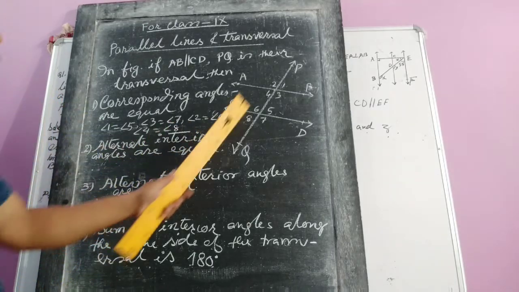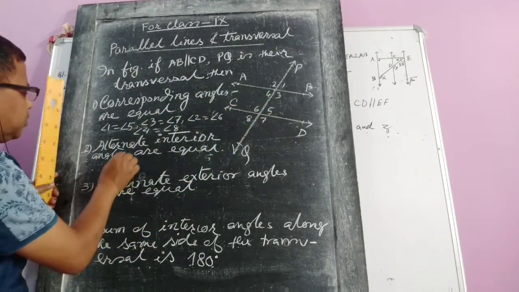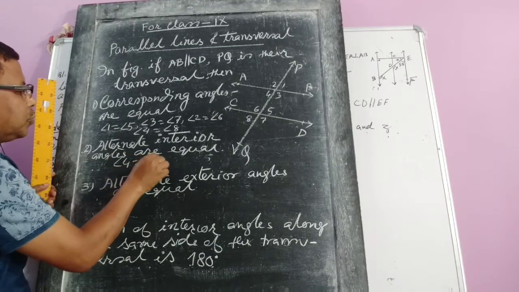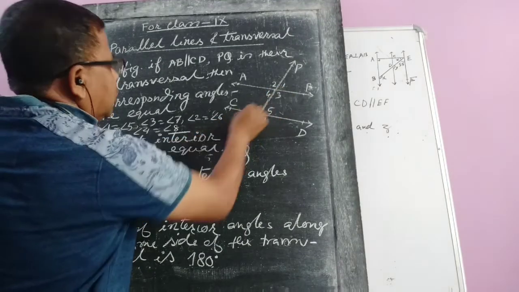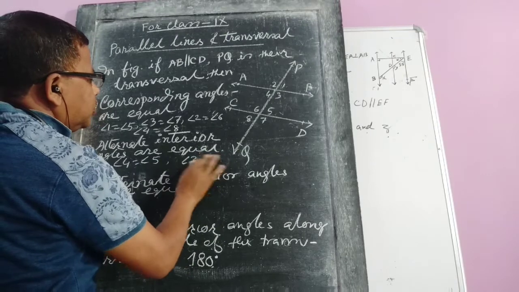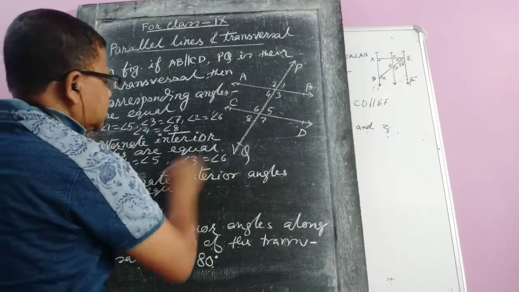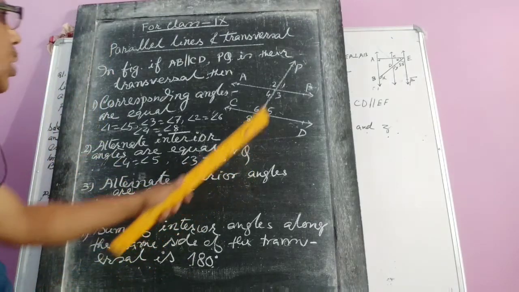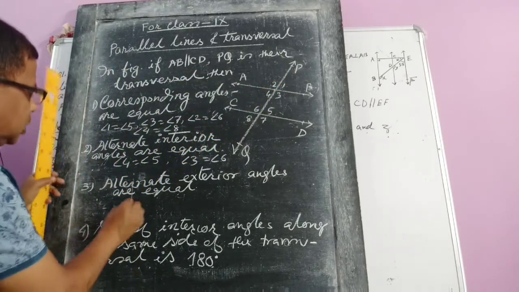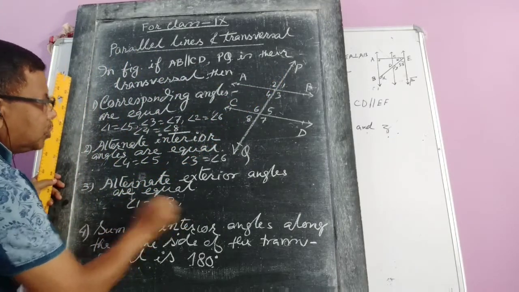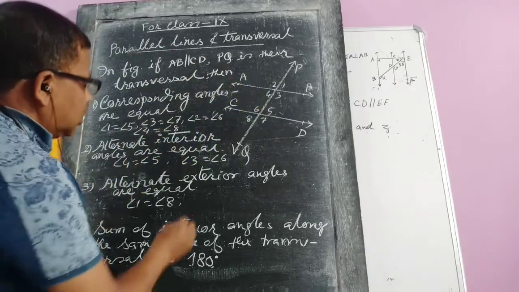And again, alternate interior angles are equal: angle 4 is equal to angle 5, angle 3 is equal to angle 6. And alternate exterior angles are equal: angle 1 is equal to angle 8, angle 2 is equal to angle 7.